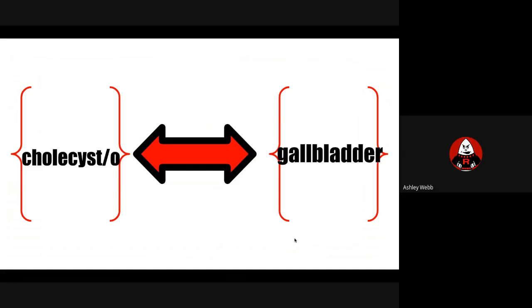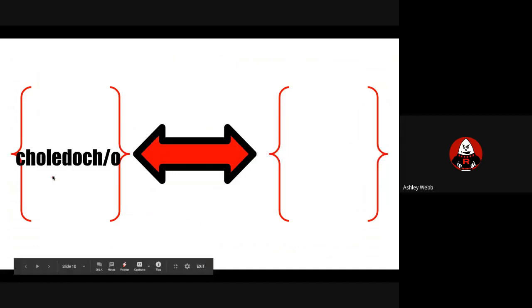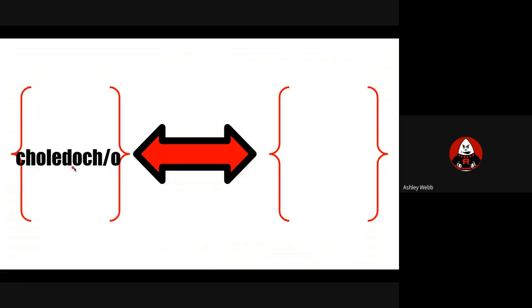Okay. I had a cholecystectomy, which was just removal of the gallbladder. Okay. This one, the same thing. Okay. We see this meaning gall or bile. This to me a little bit kind of makes me think of duct. And so it's just that common bile duct.